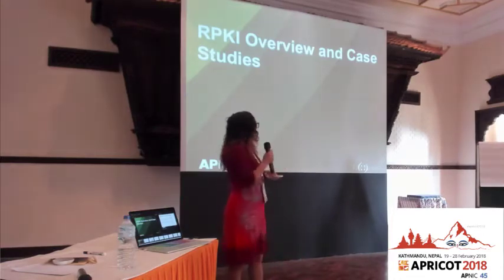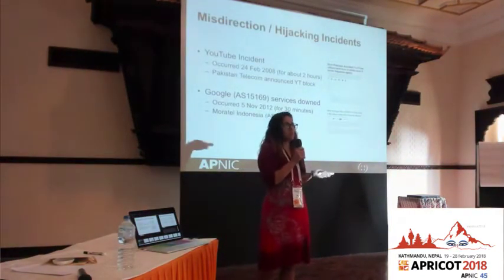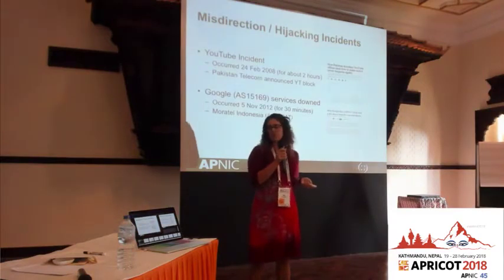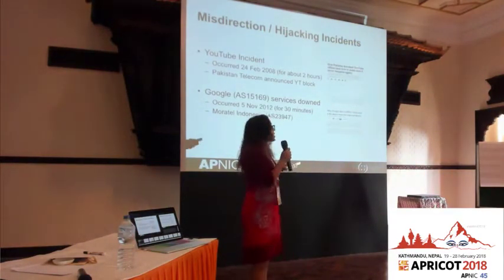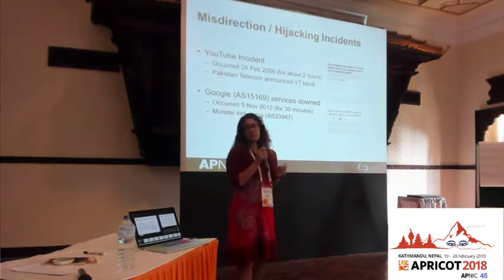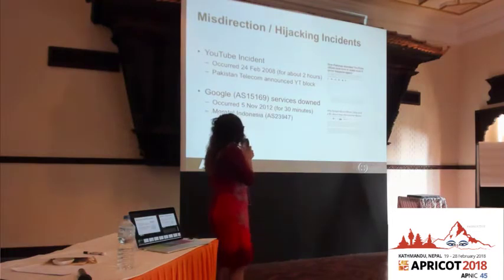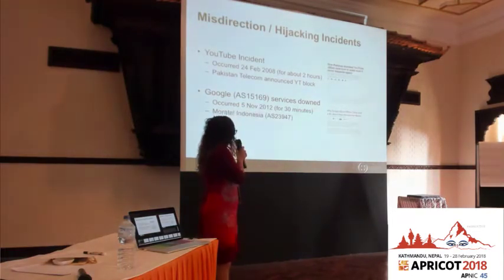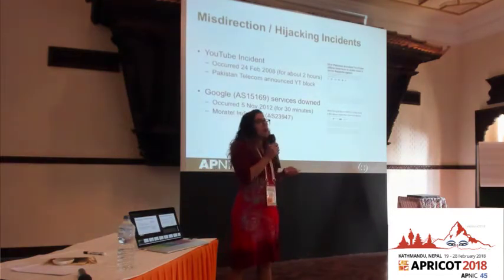Makes sense. So, there are some issues sometimes in the routing system of the internet, where misdirections or hijacking of prefixes may happen. There are two famous examples, the YouTube incident in 2008 and another incident involving Google in 2012.